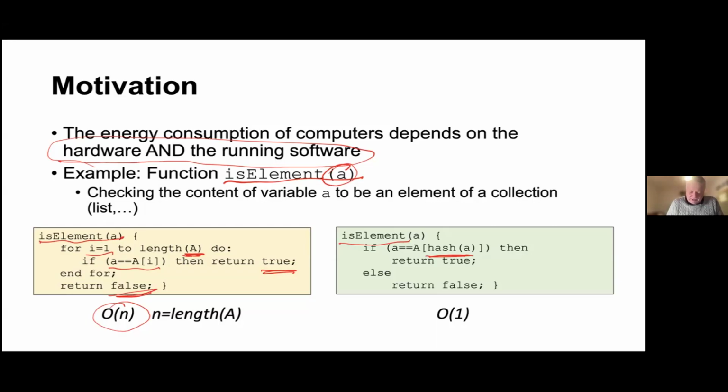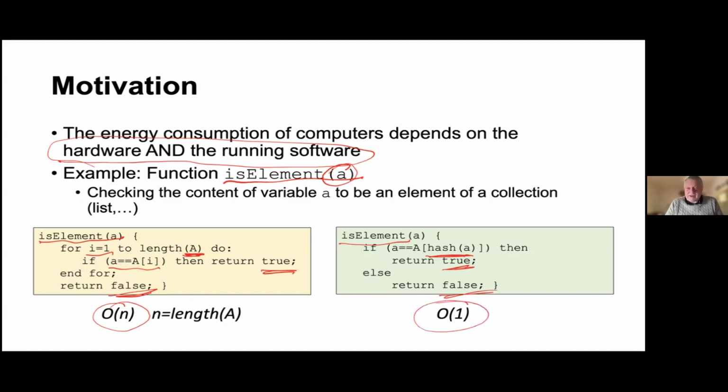It's a little bit more complicated because there might not be a hash function that always points to the right element, and we need to go through a list here as well. But usually that's quite simple. So here would be the most simple approach. We only check whether A is equivalent to the element at the hash value of A. If the element is not in here, then at this position there might be a null or anything else that indicates that this element is not stored. If it is equivalent to A, then we return true, and otherwise we return false.